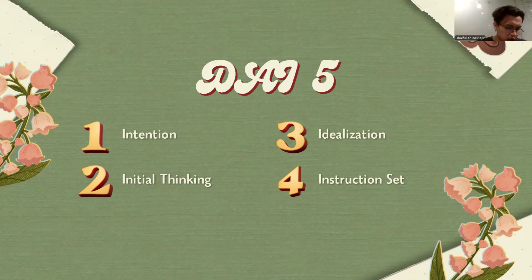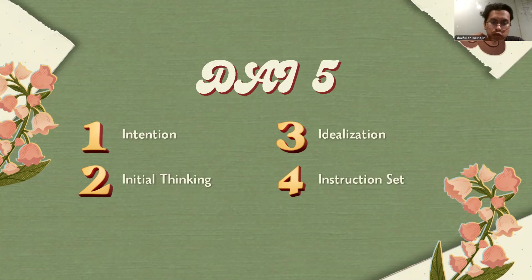And then we enter the four points of Die-5, where the first point is intention. Intention is like the initial aim when working on or completing something. This intention should be for the sake of Allah Subhanahu wa Ta'ala, so that everything we do receives blessings and ease from Him. The second step is initial thinking, where in solving problems, we need to identify and analyze the important components within the existing issues.